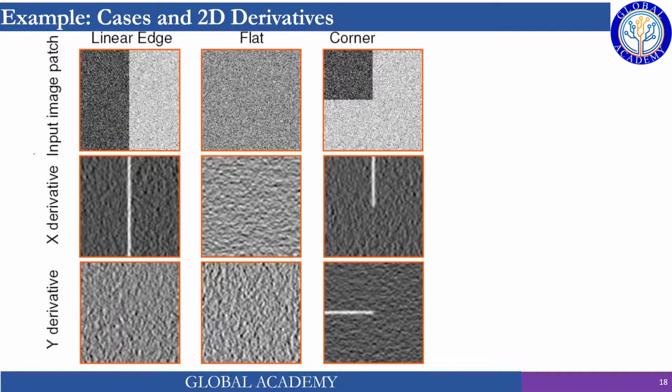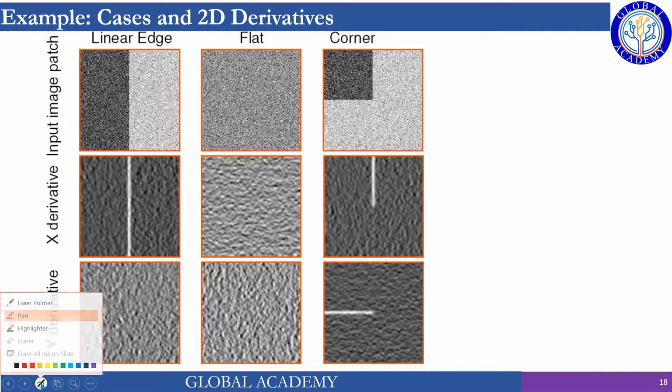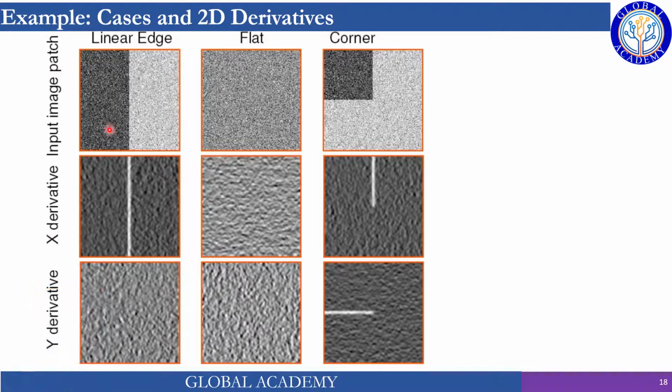Here's an example. We have three different images: a vertical linear edge with some noisy pattern, a flat region with some noise, and a corner region with some noise. Applying the x derivative, we got a perfectly detected edge, though noisy.